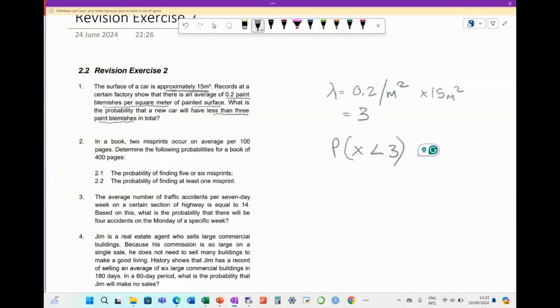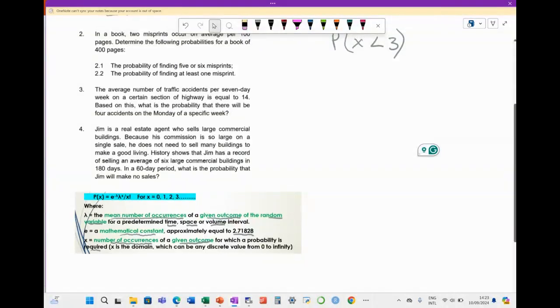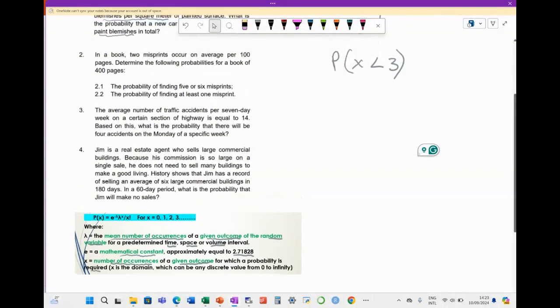Okay, now this is why you guys need to go and practice, because you need to make these formulas your own. Does that make sense? I don't like the formula here in the slides, just the way that it's presented. Okay, I prefer to have it written out like so. I like to have it like this, to the power x, and then times e to the power, I don't know what this thing is called.